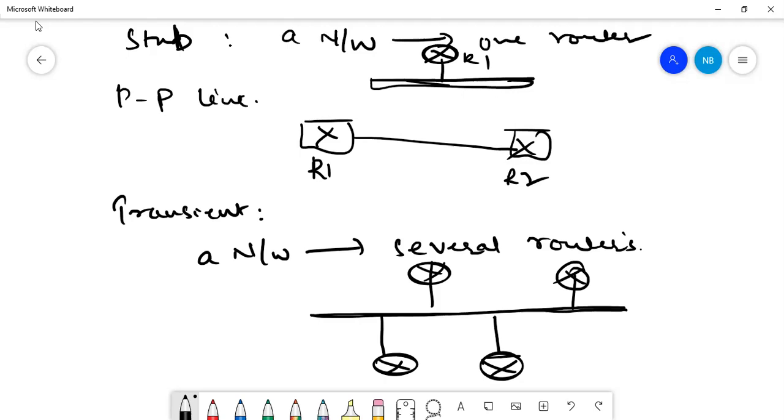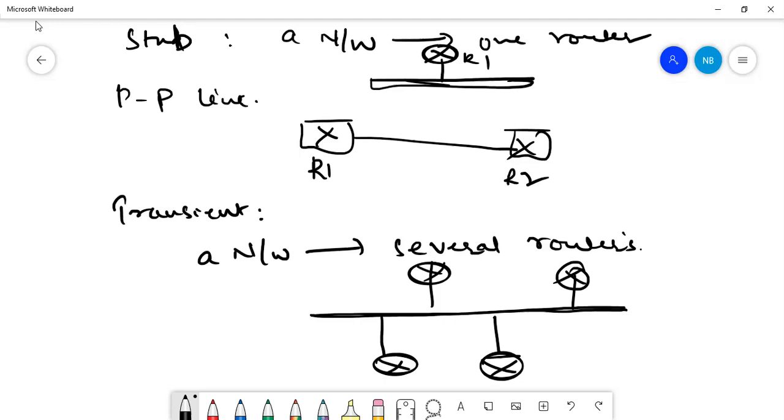The data packets which enter the network will go through the single router, and also leave through the single router itself. Both entering and leaving of the packet will be done through this router only. Okay, this is stub.